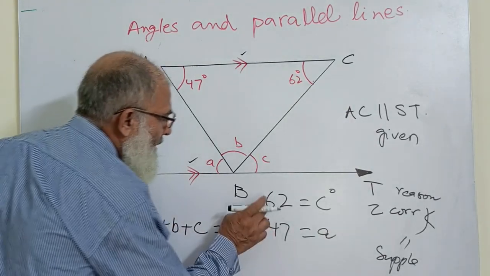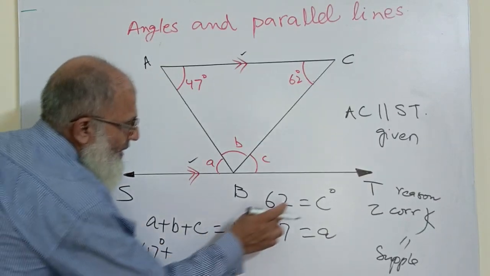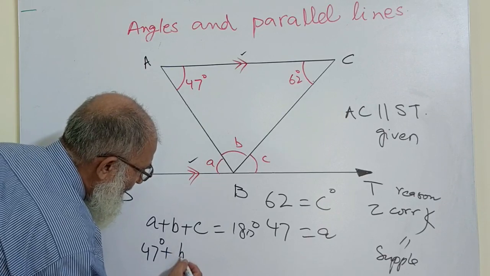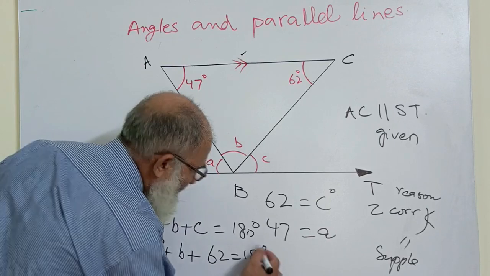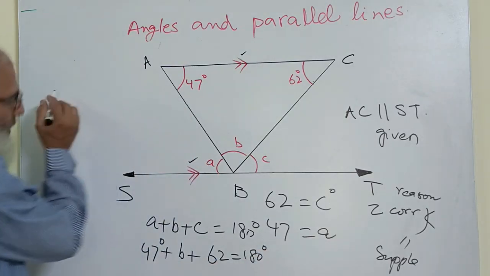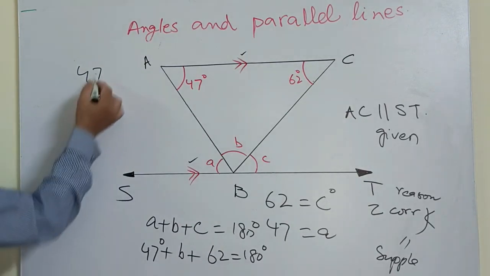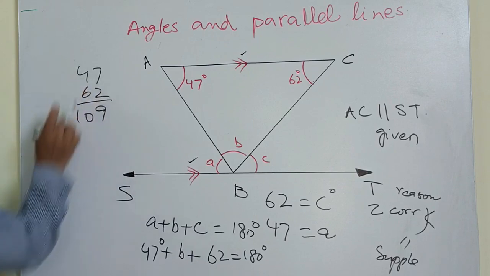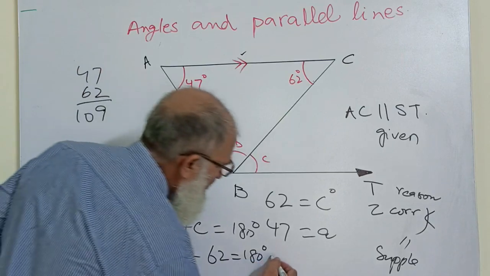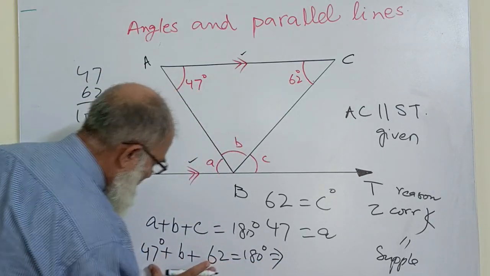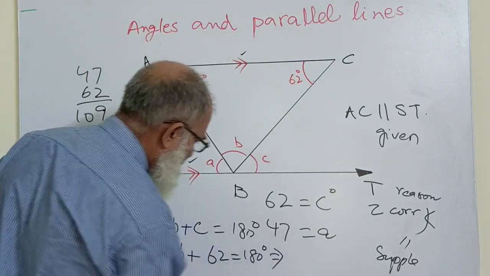So we have already found angle A is equal to 47 degrees. B is unknown, plus C is equal to 62 degrees, and that is equal to 180 degrees. Just add them up: 47 and 62 will be 109 degrees. We'll add them first, and then we'll shift them over here.